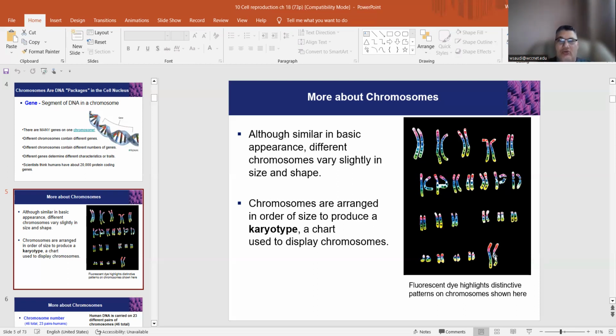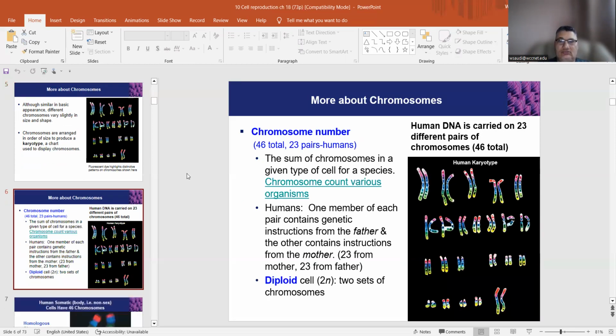This is the sex chromosome, which is pair number 23. So if you look at this, how many chromosomes do we have? 23 pairs, which is 46 total. You should remember that. You can't say 23. No, we don't have 23. We have 46. We say we have 23 pairs of chromosomes.